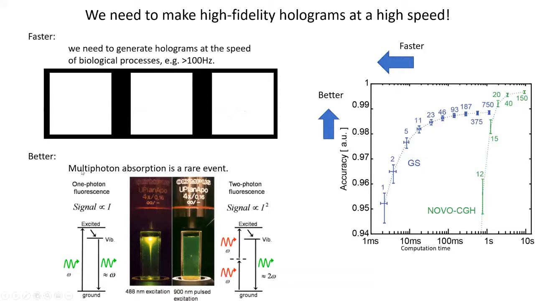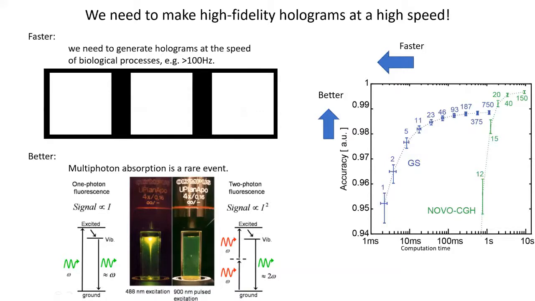And so if you are able to come up with better holograms, you'll be able to target more neurons without having to increase the laser power. And so you'll be able to target more neurons in parallel and do more neuroscience brain modulation experimentation.